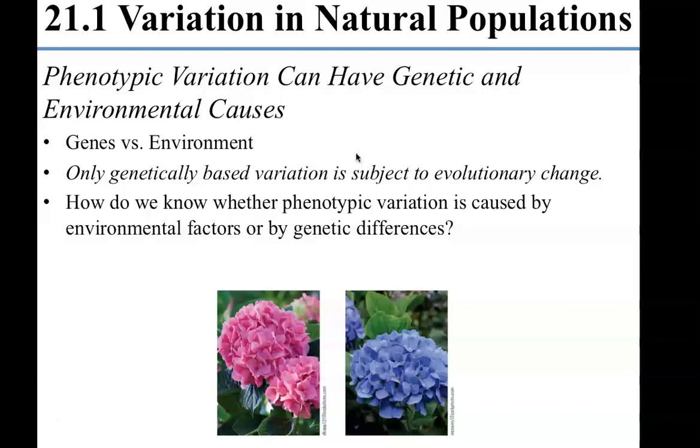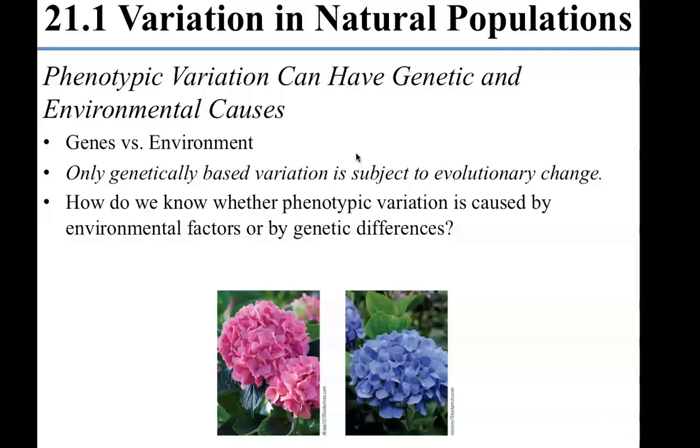This is important because only genetically based variation is subject to evolutionary change. In other words, natural selection and the other mechanisms of evolution don't really cause evolution to happen if these phenotypic differences are due to the environment. Natural selection, for example, operates on genes.